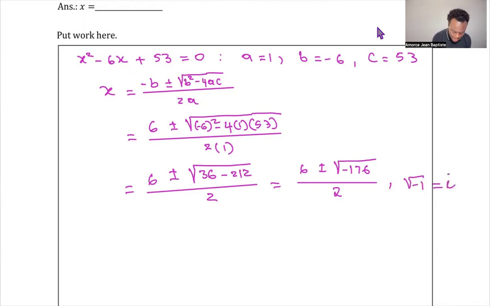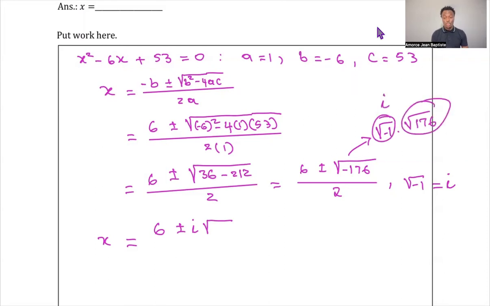So this will be two complex solutions where x equals 6 plus or minus i square root of 176, over 2, because this is the square root of -1 times the square root of 176. This is i.